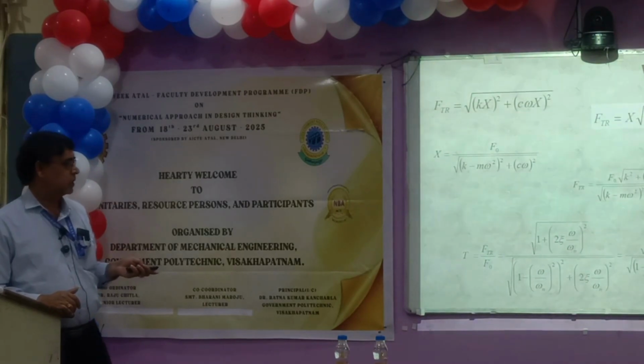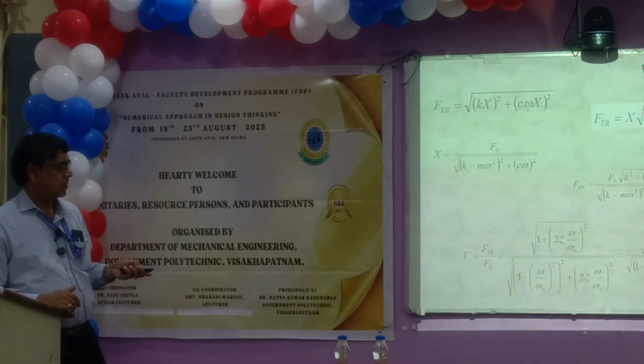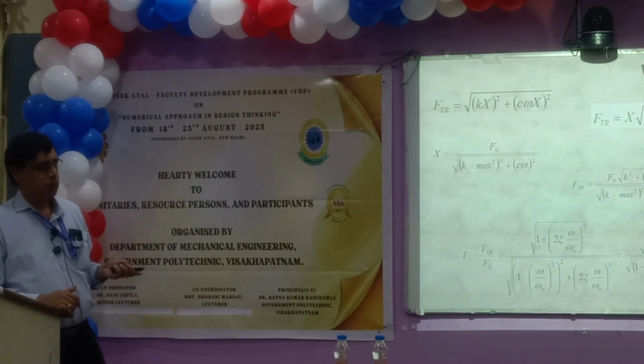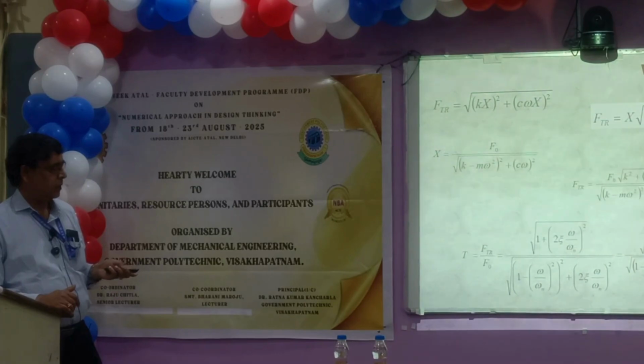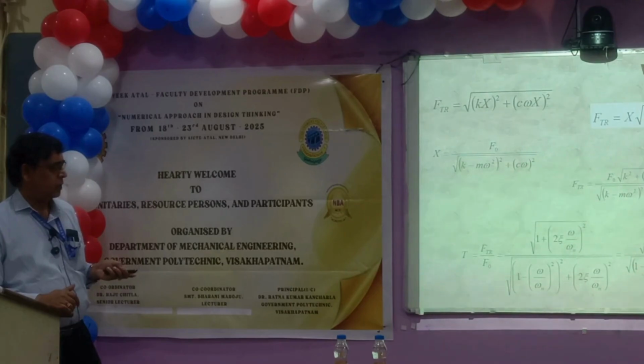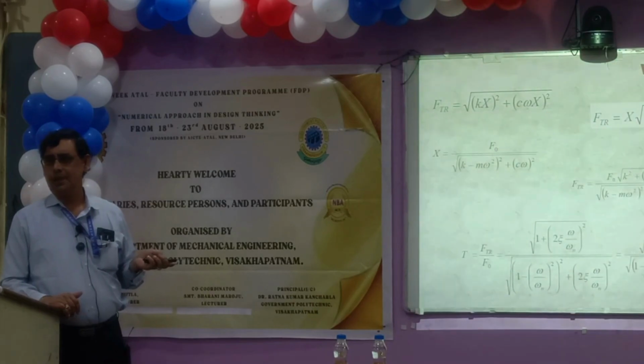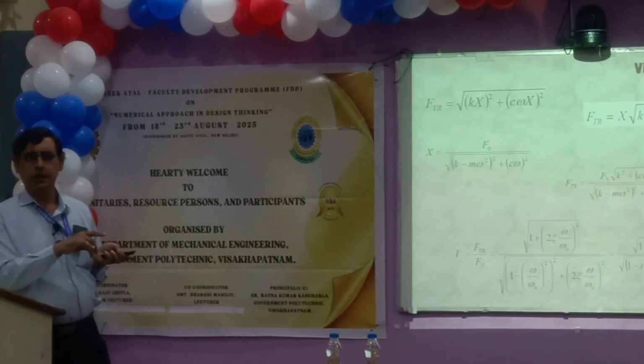So once you calculate transmissibility through this formula, what is important here is you can see the terms in the final equation. So square root of 1 plus (2 xi r) whole square by (1 minus r square) whole square plus (2 xi r) whole square. Here there are only two terms everywhere repeating. One is xi, another is r in the entire equation.